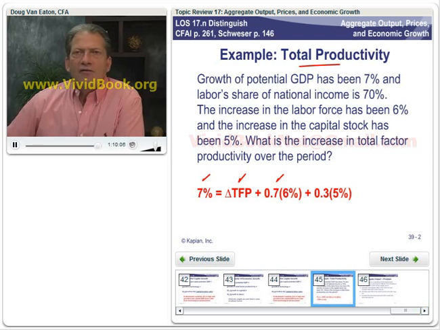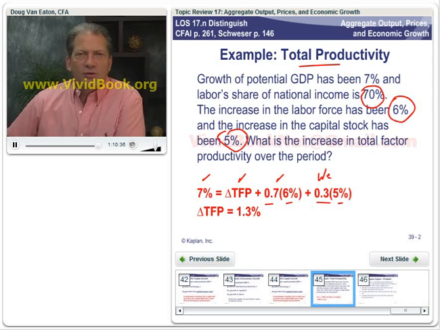Here we have labor's share of national income, 70%. That means that capital's share of national income, so this is WC, has got to be 30%. Well, we've had a 6% increase in the labor force and a 5% increase in the capital stock. So we plug those in, and what do we find?